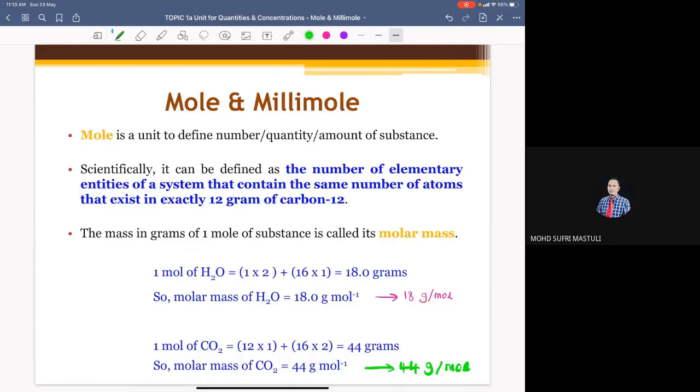All right, so I hope you can understand what is a mole, what is molar mass, and how to do calculations related to molar mass. You should have the chemical formula and also the atomic mass from the periodic table.